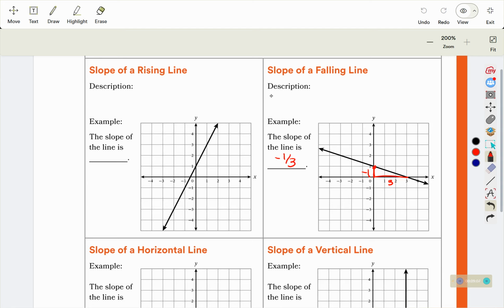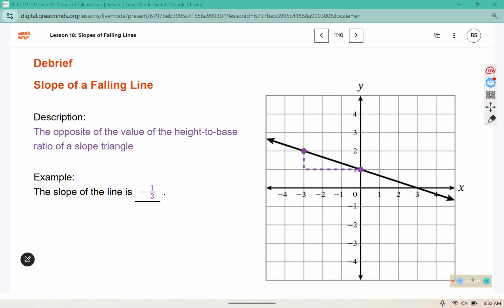In this box, we also need the description. And your description should say the opposite of the value of the height to base ratio of a slope triangle. So if it was a 1/3, the opposite of that would be -1/3. I'll leave it here so you can write that down.